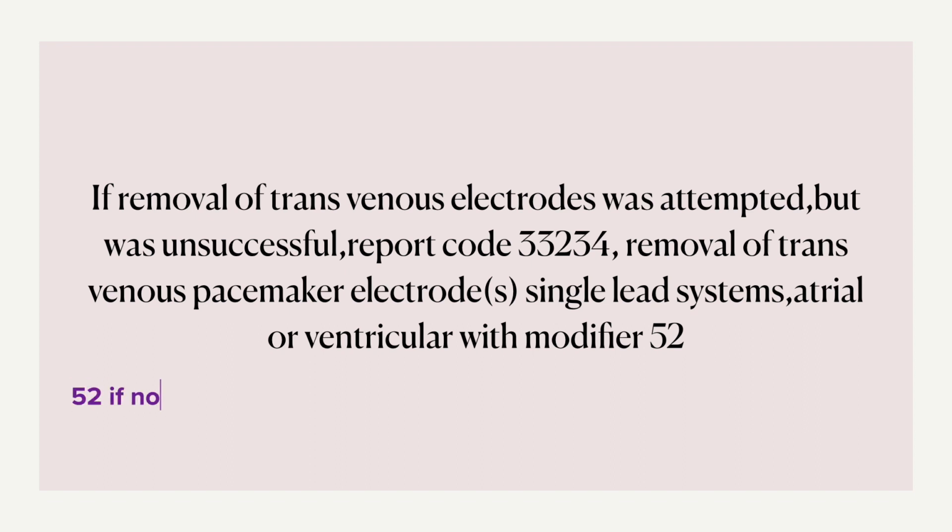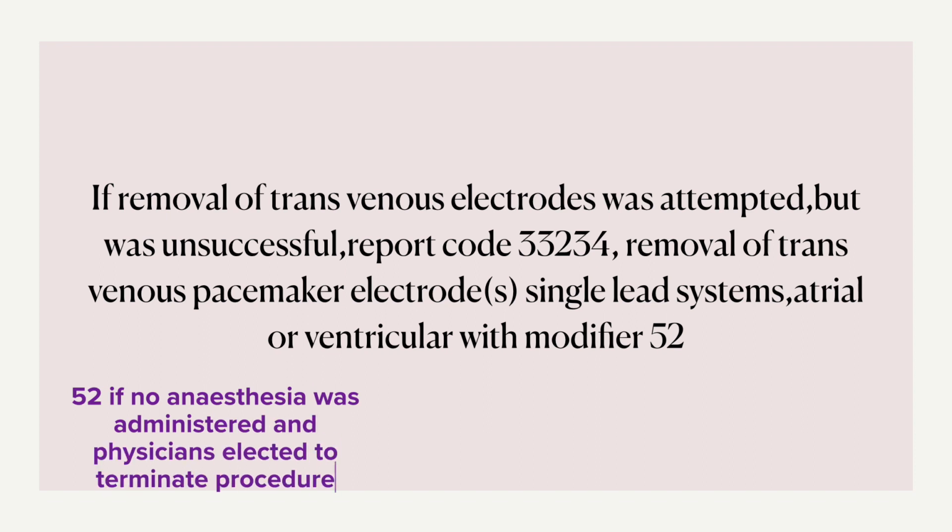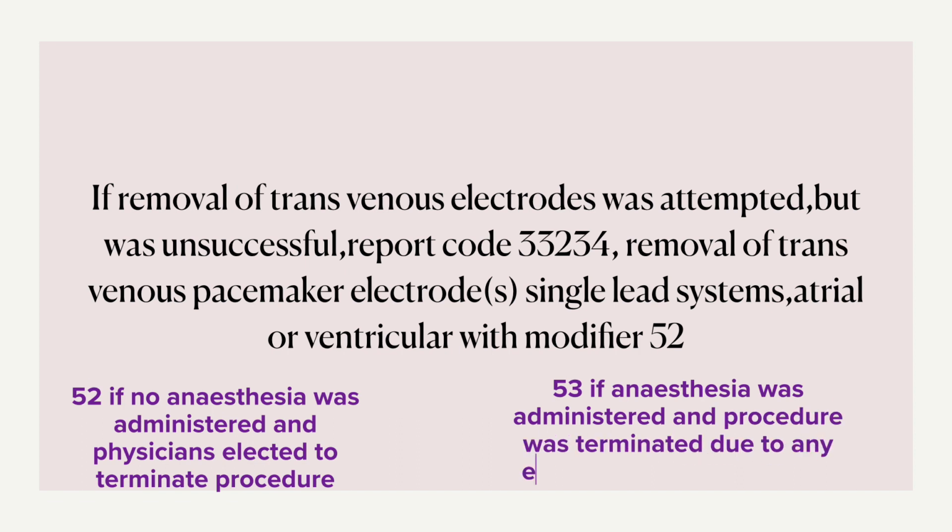Modifier 52 is reportable if no anesthesia was administered and the physician elected to terminate the procedure. If it is an elective termination for reduced service, we can add modifier 52. But if the procedure was terminated due to extenuating circumstances, at that time modifier 53 would be applicable.